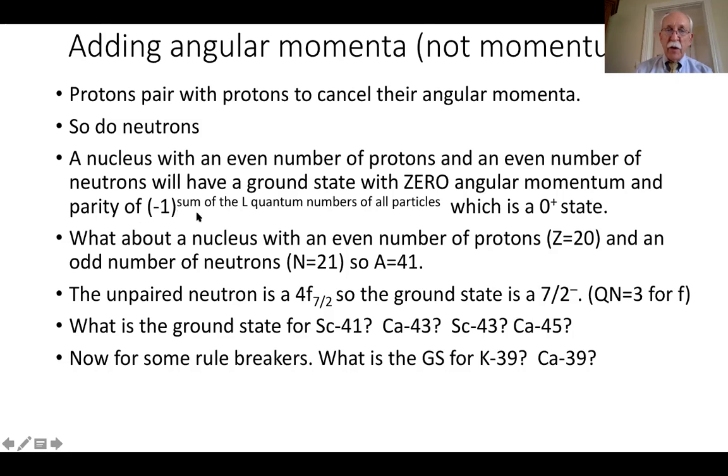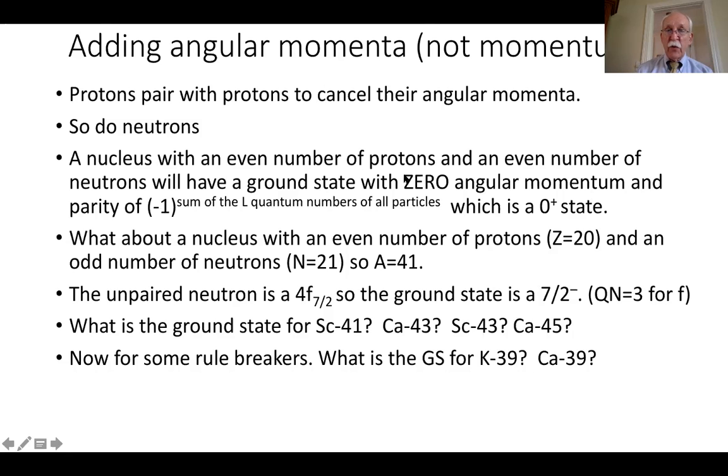If the wave function, when I reflect all those particles to their opposite position, changes sign, it's called an odd parity, and we use the symbol minus for that. If the wave function doesn't change its sign, then it's called an even parity, and we use a plus for that.